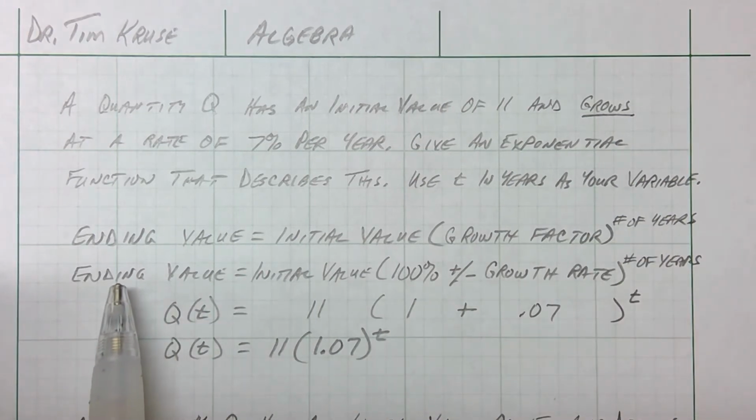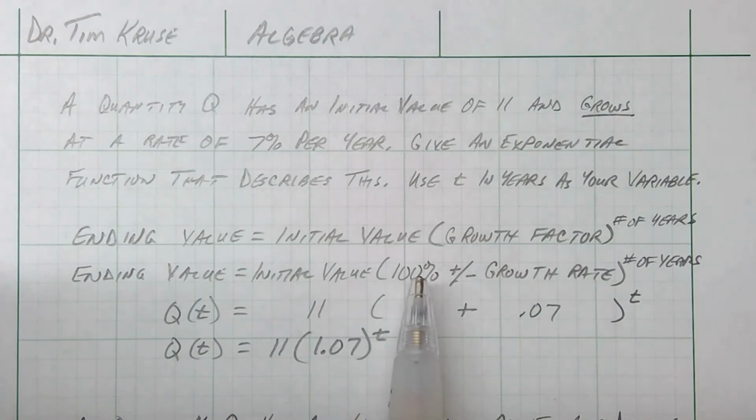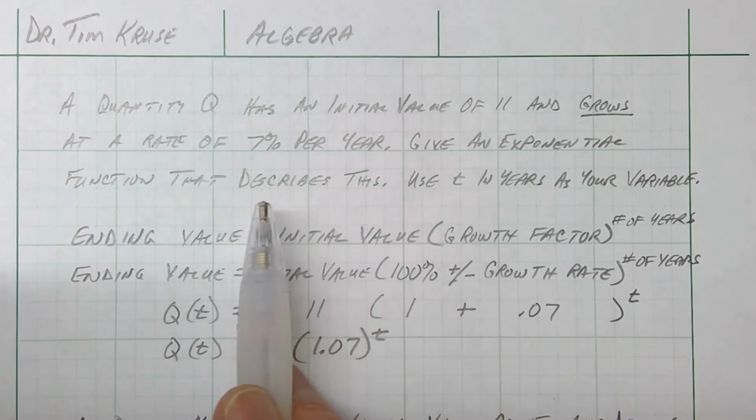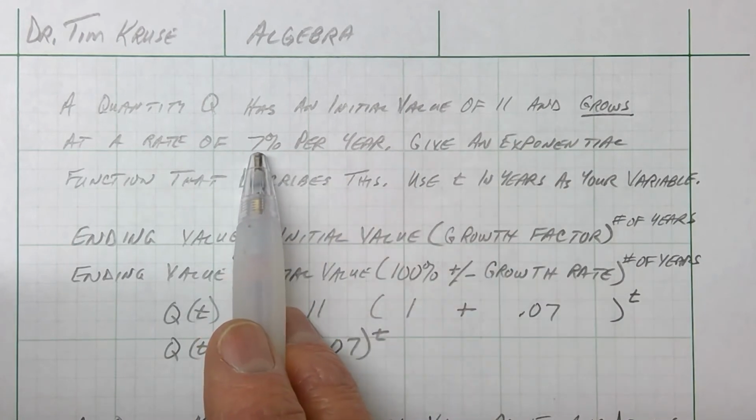All right. Another way of looking at it is ending value is initial value times 100% and then plus or minus the growth rate. It kind of depends on whether it's growing or decaying. If it's growing, you're going to add the rate. If it's decaying, you're going to subtract the rate. Now this one says it's growing. We underlined it. It's growing at 7%.